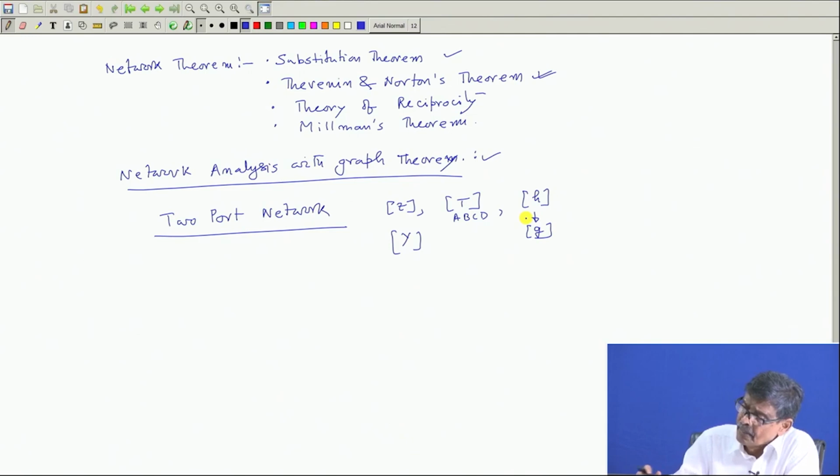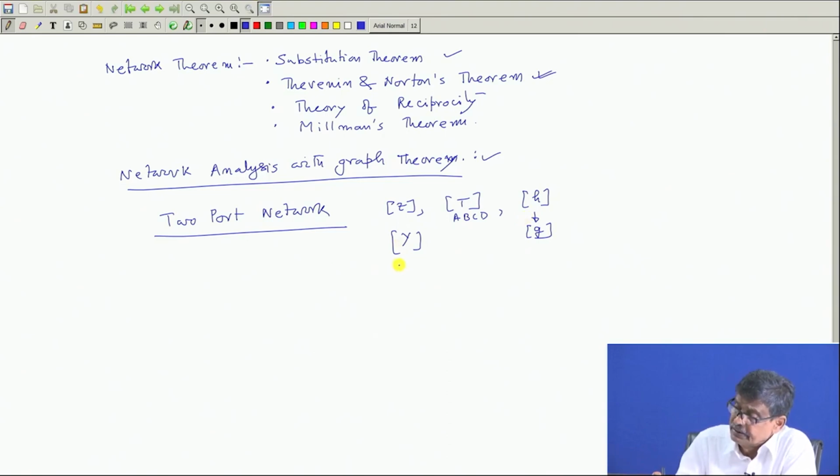And when the networks are connected in cascade, it is better you represent in ABCD parameters, so that the overall ABCD parameters of cascaded networks will be simply the product of T matrices.